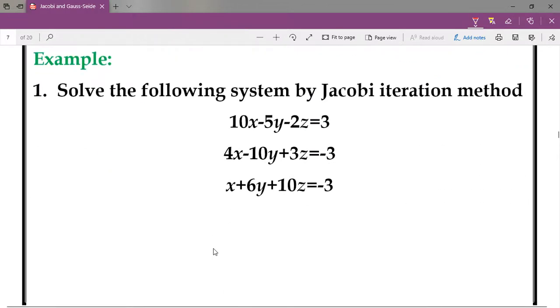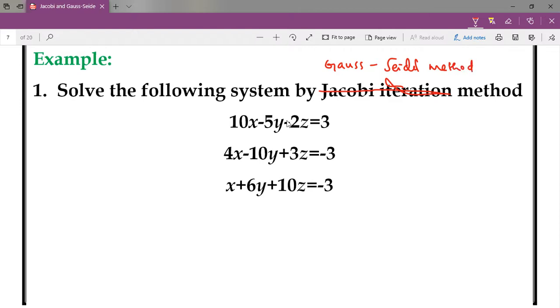Okay. So now we shall solve the same example which was solved by Jacobi iteration method. Now we are going to solve this by Gauss-Seidel method.